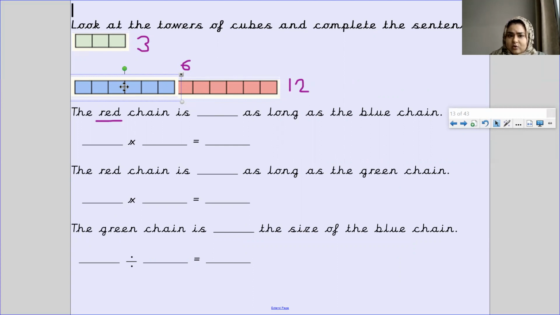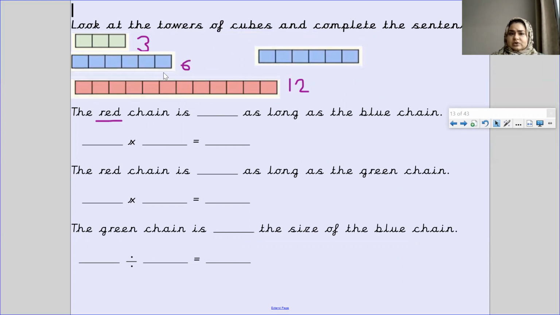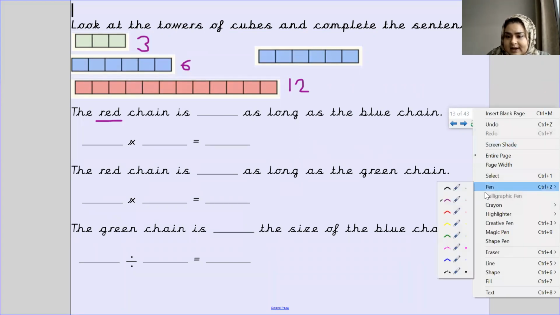So let's work it out. 1, and then 2. Can you see? So how many did I use? 2. Fantastic. So your answer here should be twice.